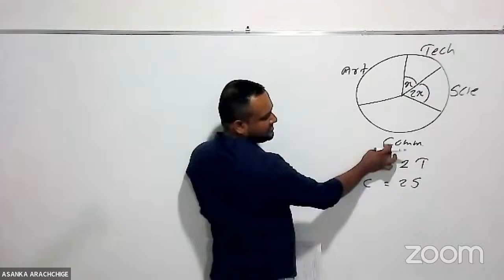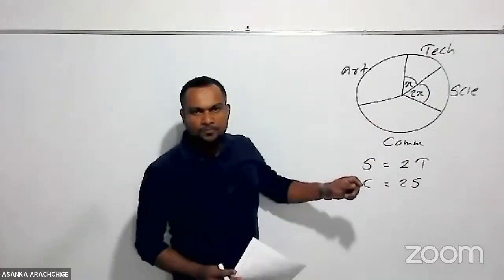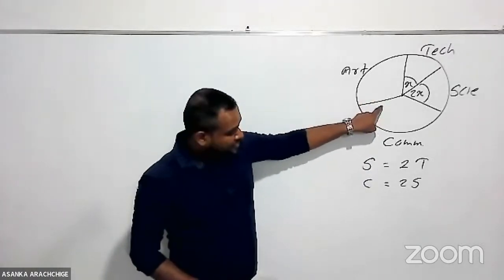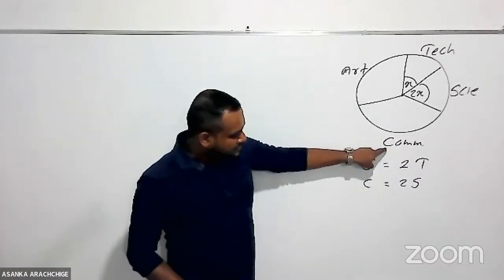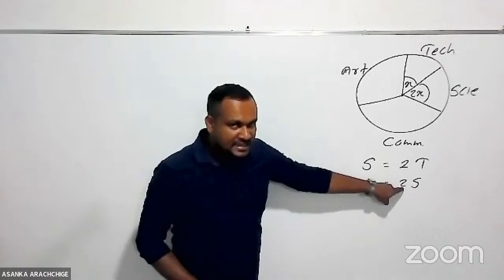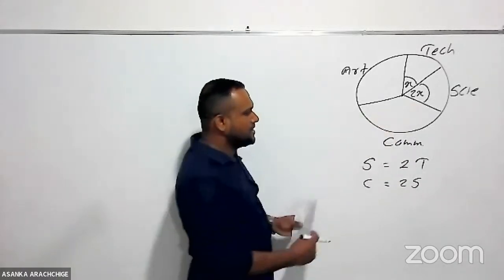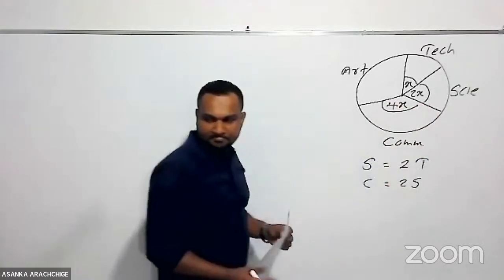Then the central angle of the sector for commerce is 2 times the science, therefore 4x. Is that clear?